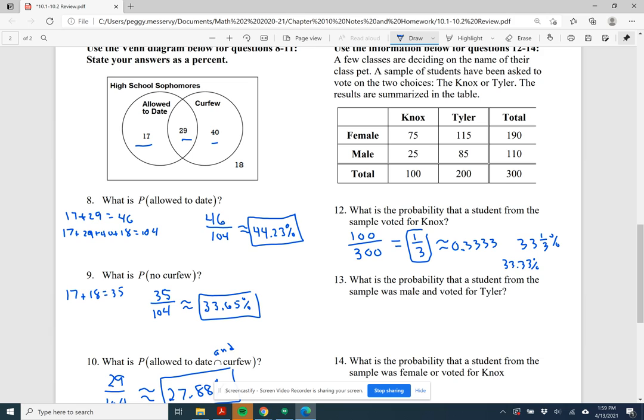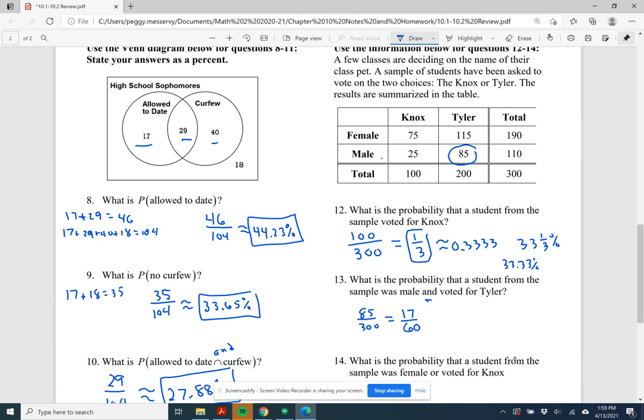Okay, what is the probability that a student from the sample was male and voted for Tyler? So I want males that voted for Tyler. So we'll go to this number right here where we have males who voted for Tyler. The probability that they were male and voted for Tyler is going to be 85 out of 300. If we need our answer as a fraction, we reduce by dividing out a 5 from the numerator and the denominator.